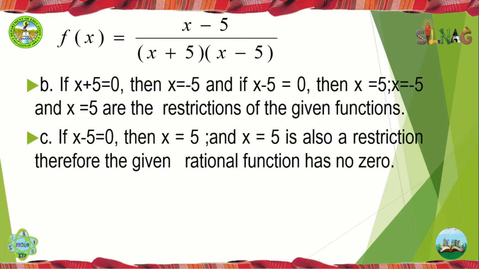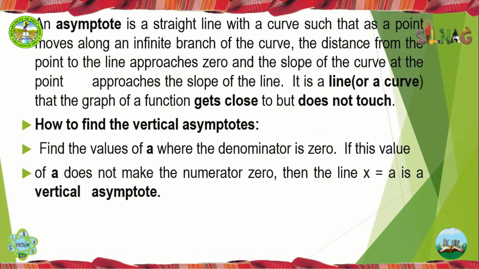Then for the third step, if x minus 5 is equal to 0, then x is equal to 5. And x is equal to 5 is also a restriction. Therefore, the given rational function has no zero. So let us have an asymptote.